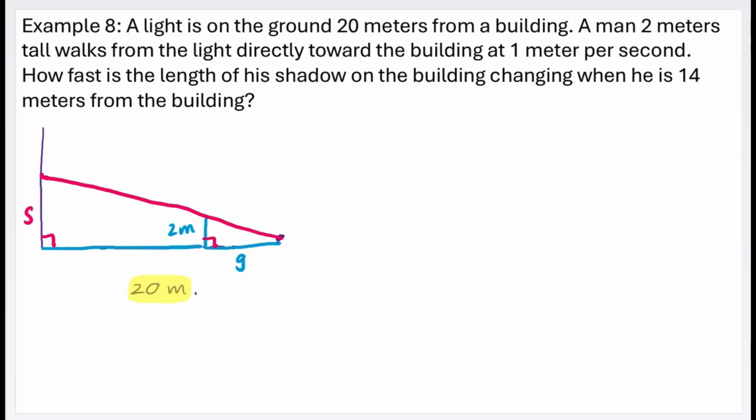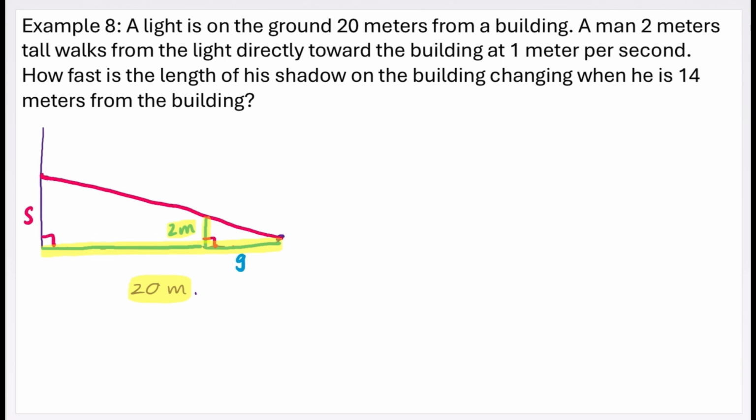That length between the light and the building, this side right here, is always going to be 20 meters. Now, the height also doesn't change, the height of the person. What is changing is the shadow and the distance between the man and the light. Those are the two things that are changing. As the guy moves, the shadow is going to change, as well as the distance between the man and the light on the ground.